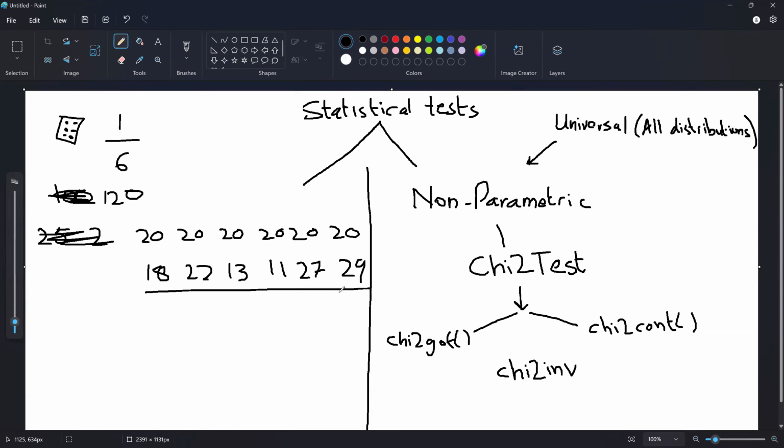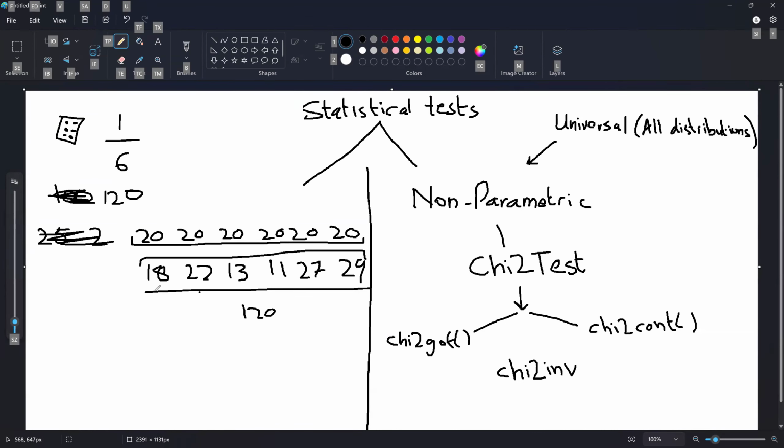All of these add up to 120, but it's not fair. That's when you use the chi-square goodness of fit test. Like if he asks in the oral exam, goodness of fit sees how the actual outcome fits the theoretically expected outcome. That's goodness of fit.